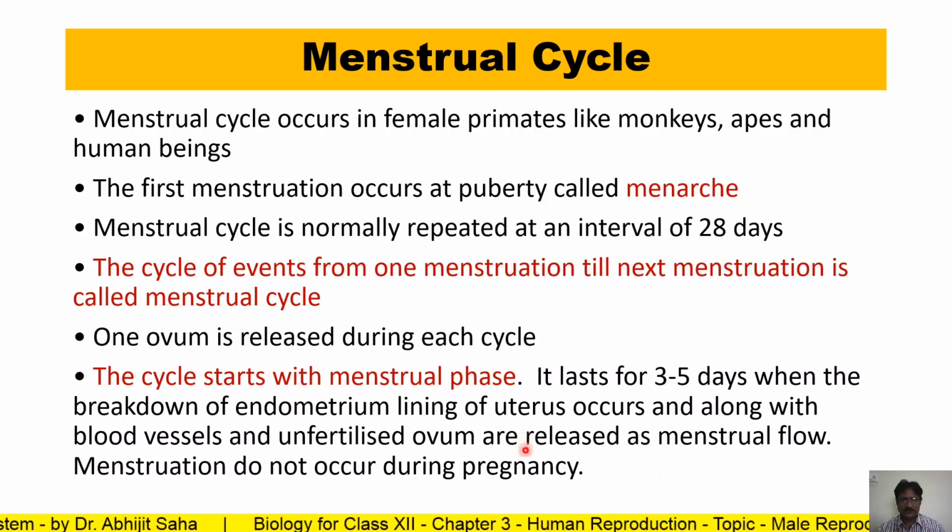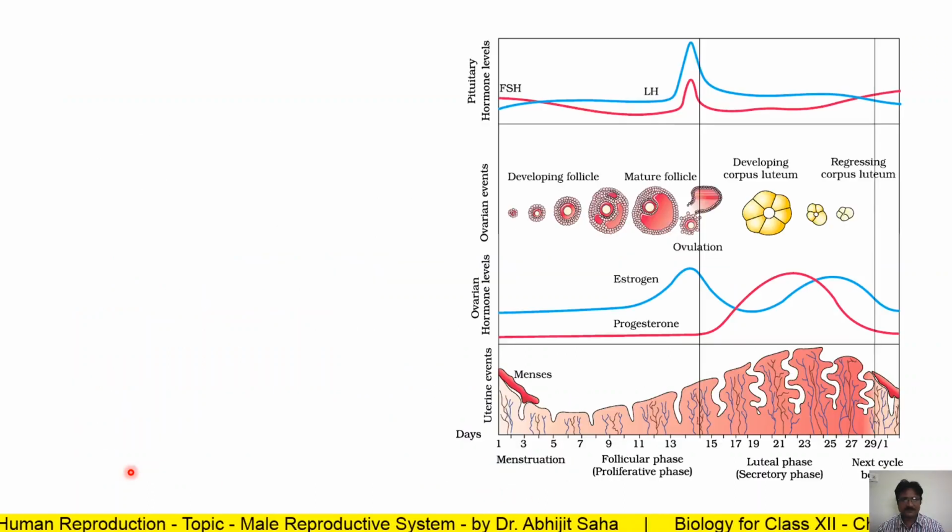So if there is no pregnancy, then menstruation occurs, which means the blood vessels and unfertilized ovum are released. So menstruation occurs when there is no pregnancy. Wherever there is a pregnancy, menstruation stops for the period.